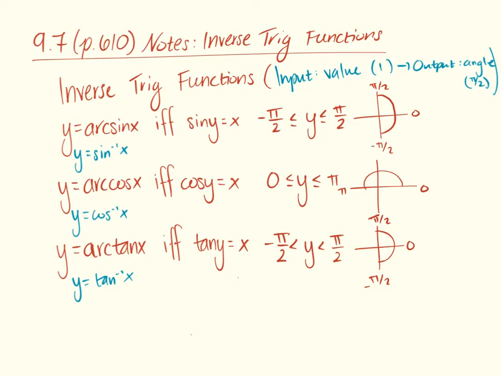For arc cosine of x, y is equal to arc cosine of x if and only if cosine of y is equal to x. And this one's also bounded, but this time it's between 0 and 180. Okay, so anything larger than 180 is not an option. Anything smaller than 0 is not an option for your answer for cosine. And then y is equal to arctangent of x if and only if tangent of y is equal to x. And this one is trapped as well, similar to sine, between negative pi over 2 and pi over 2.